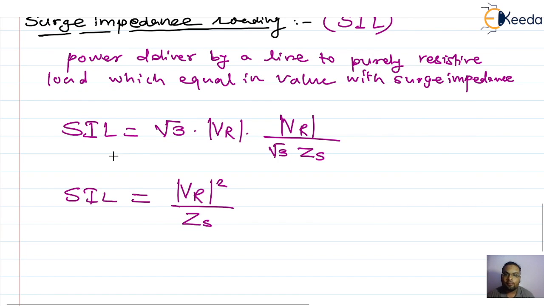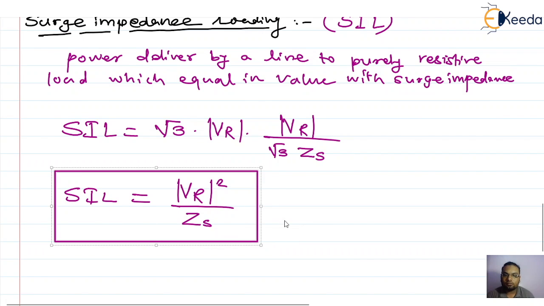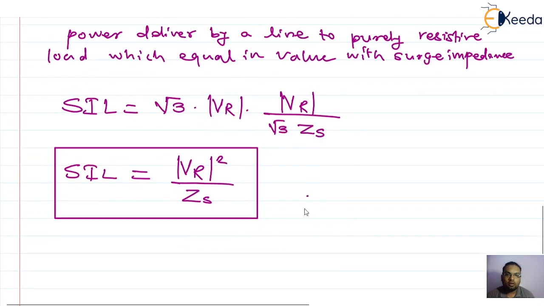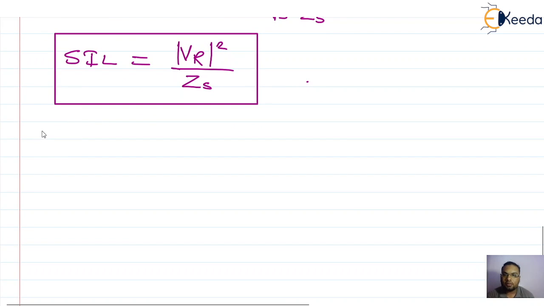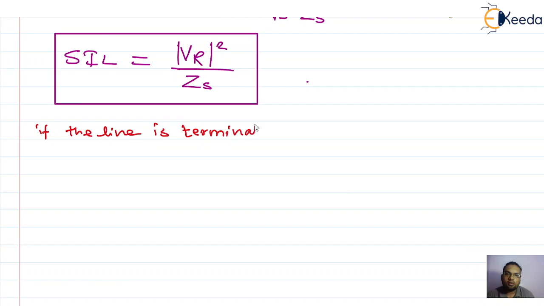Again, suppose the line is terminated by SIL, or we can say the loading is equal to the surge impedance loading.